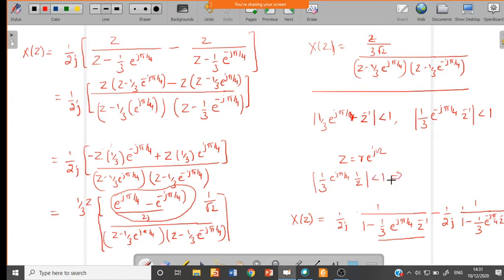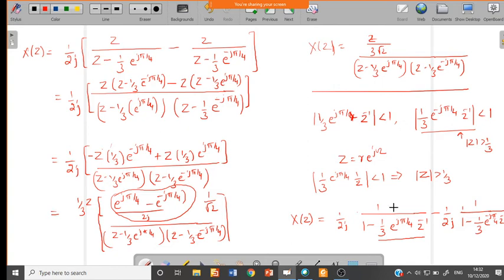So this will give, if you send z to this side, the magnitude of z which is greater than 1 by 3. And similarly for this term also, the magnitude of z should be greater than 1 by 3. Okay. So now the phase for this one is plus pi by 4, and for this one it is minus pi by 4.